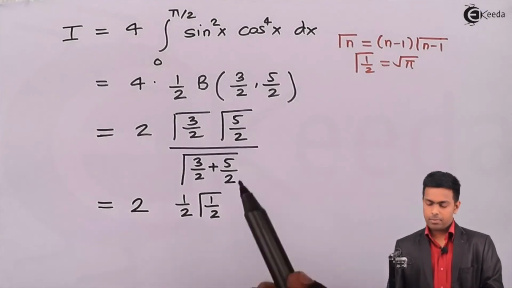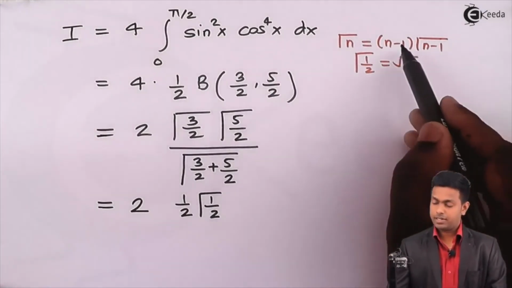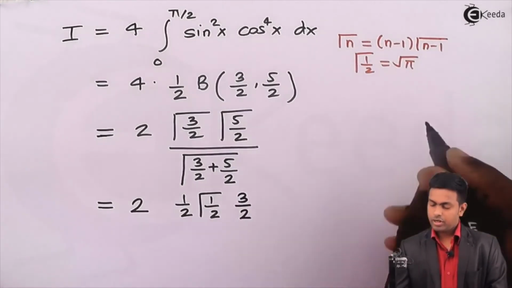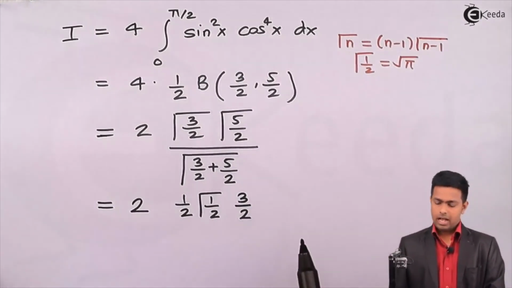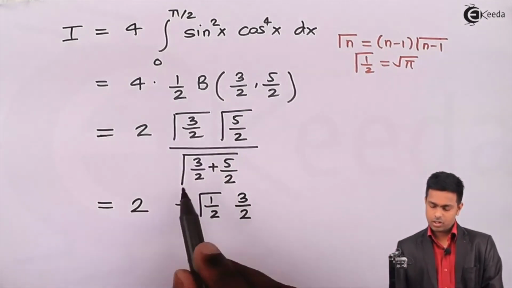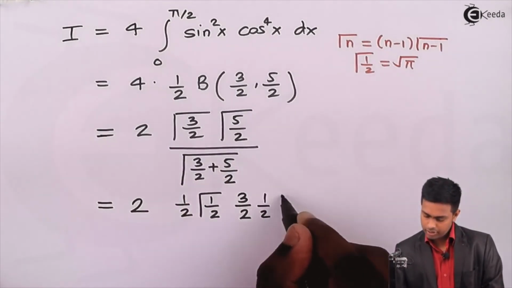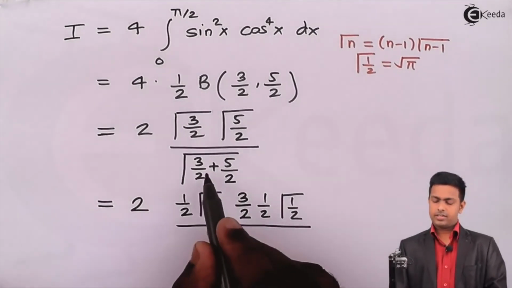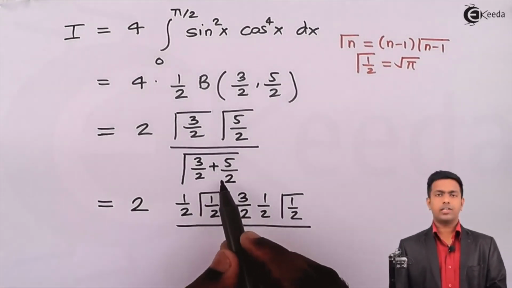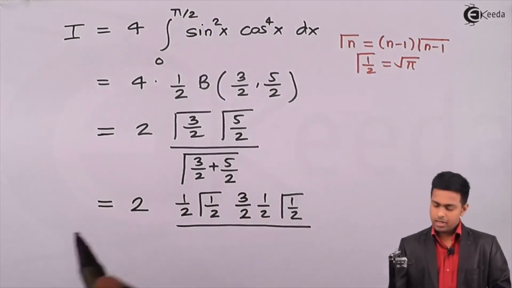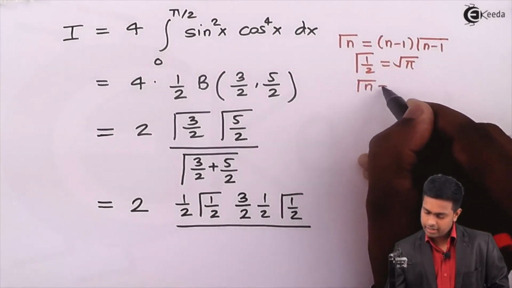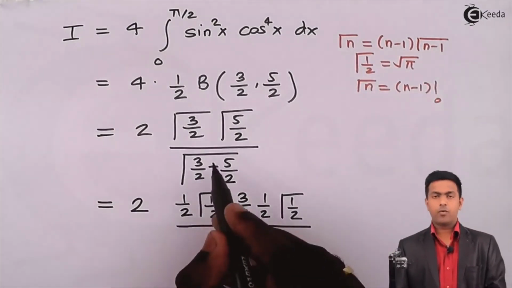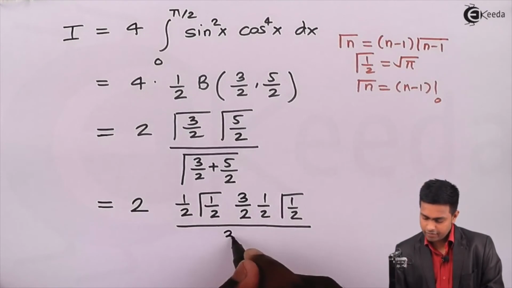Next, for gamma 5 upon 2, I'll once again apply this property. So 5 upon 2 minus 1, that is 3 upon 2 into gamma 3 upon 2. And the value of gamma 3 upon 2 just now we got is 1 upon 2 gamma 1 upon 2. Now in the denominator, this is 8 upon 2, that is 4. So gamma 4, and we know that gamma n is n minus 1 factorial. So gamma 4 will be 3 factorial.